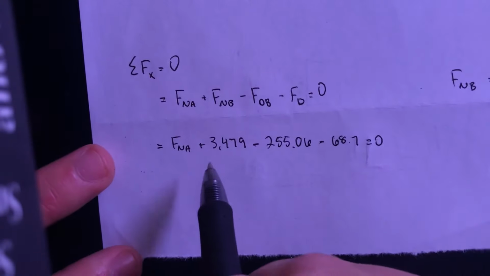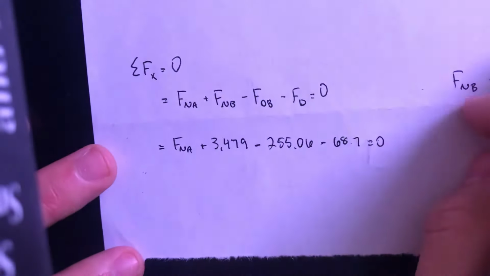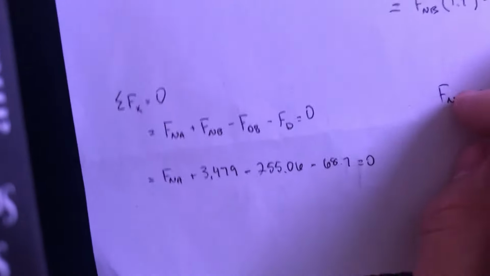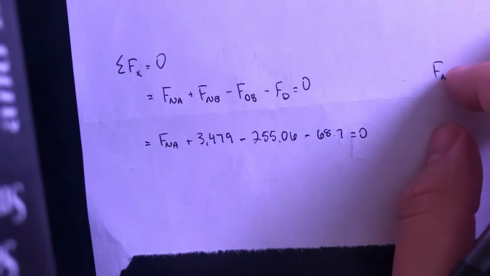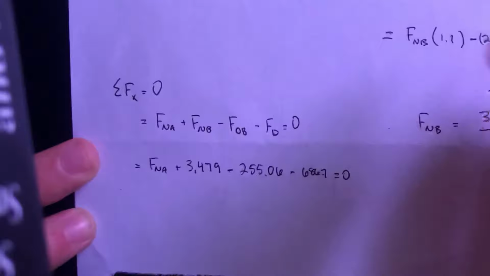So from there, it's pretty simple. You just take all your values to the other side, and that will equal your normal force at A. So in doing that, I definitely missed a number, 686.7.